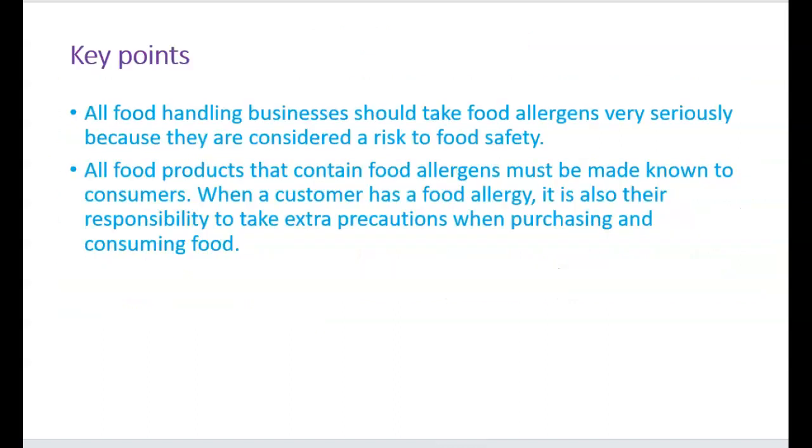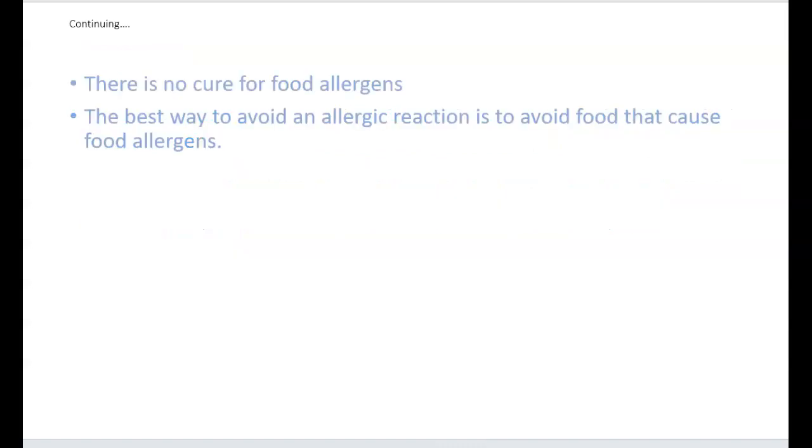What is the conclusion overall? All food handling businesses should take food allergens very seriously because they are considered a risk to food safety and also to human life. All food products that can contain food allergens must be known to consumers. When a consumer has a food allergy, it is also their responsibility to take extra precaution when purchasing and consuming food.